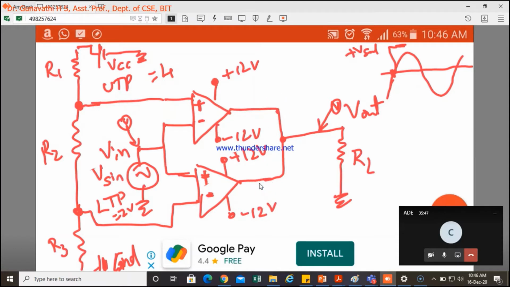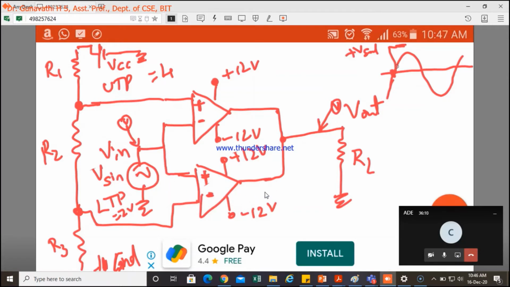What is the output here? Low. So according to this, the output should be minus Vsat.